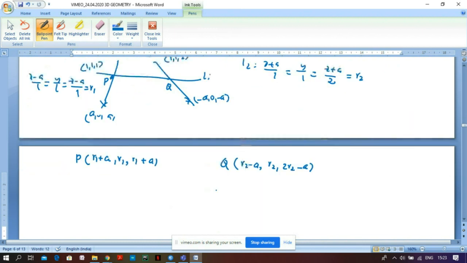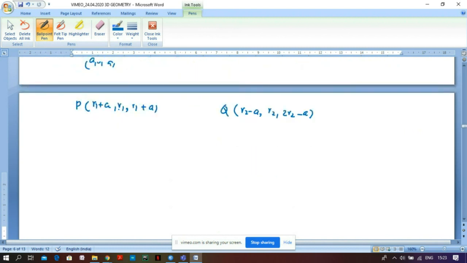Now you want P and Q such that PQ is parallel to the given line L3. So we can find the direction ratios of PQ by subtracting in any order. If I subtract in this order, I get (R2 minus a) minus (R1 plus a), R2 minus R1, and (2R2 minus a) minus (R1 plus a).